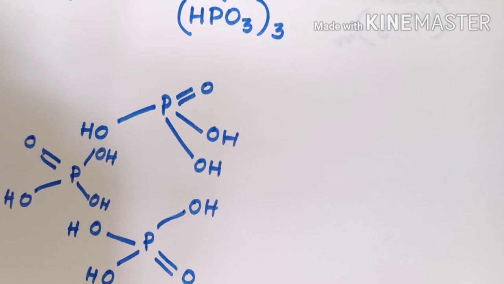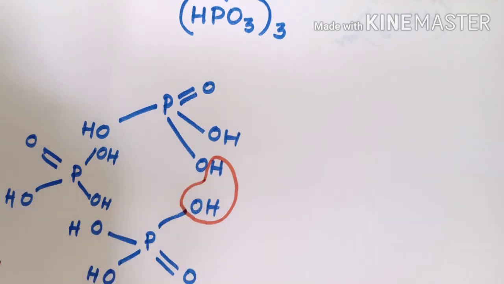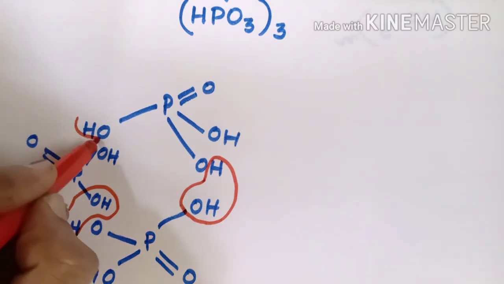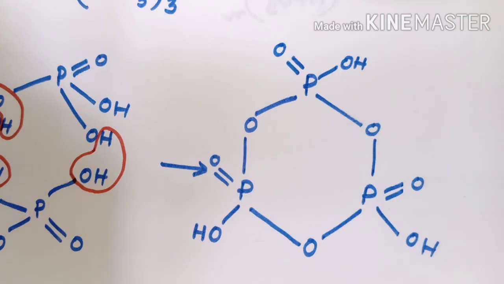We are going to remove 3 molecules of water from this. Just see how it is removed. 1 molecule of water, second molecule of water, third molecule of water. So this is the ring structure of cyclometaphosphoric acid.